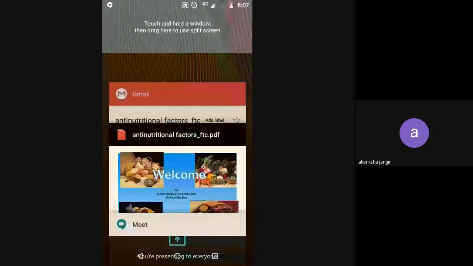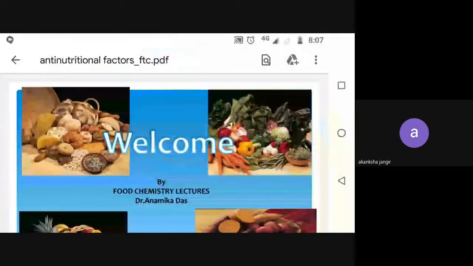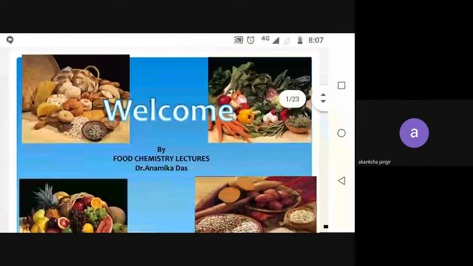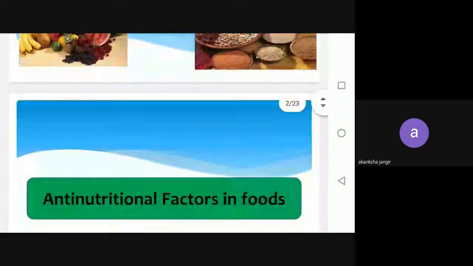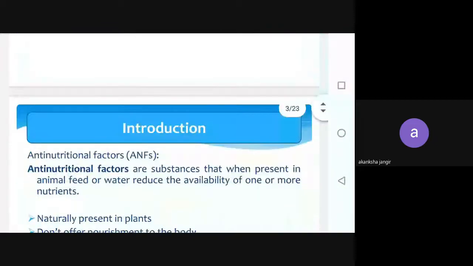They do not let the absorption of a nutrient take place because of their presence. Naturally, when there is malabsorption of any nutrient, your body is automatically devoid of that particular nutrient and metabolic syndromes will appear. So these are the anti-nutritional factors.